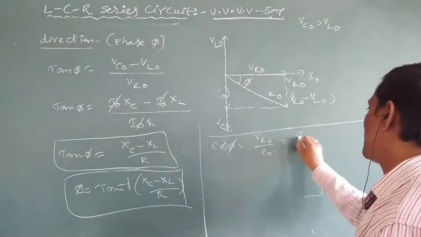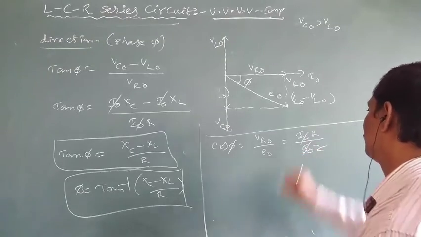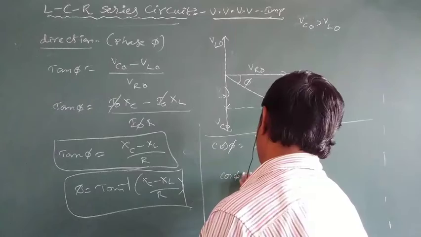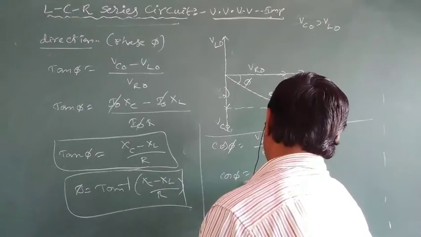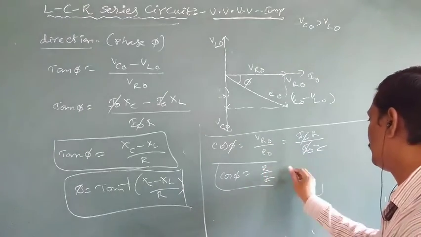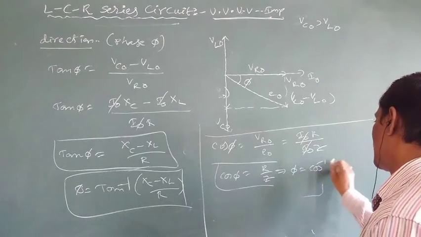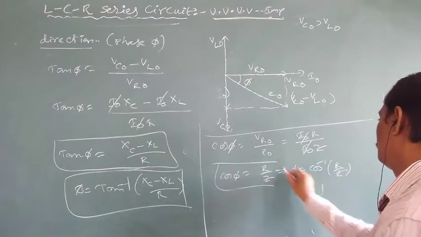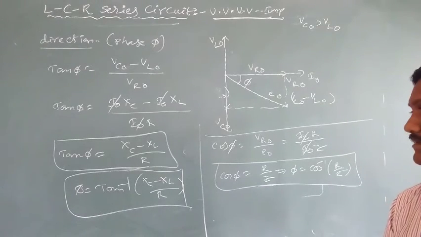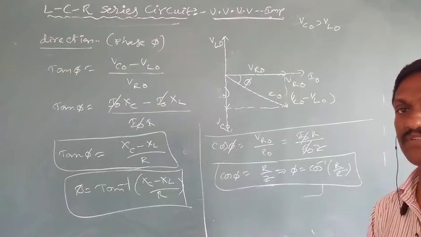VRO is I naught R and E naught is I naught Z. So cos phi is R by Z, or phi is cos inverse of R by Z. Here R means resistance and Z means impedance, the vector sum of resistance and reactance.